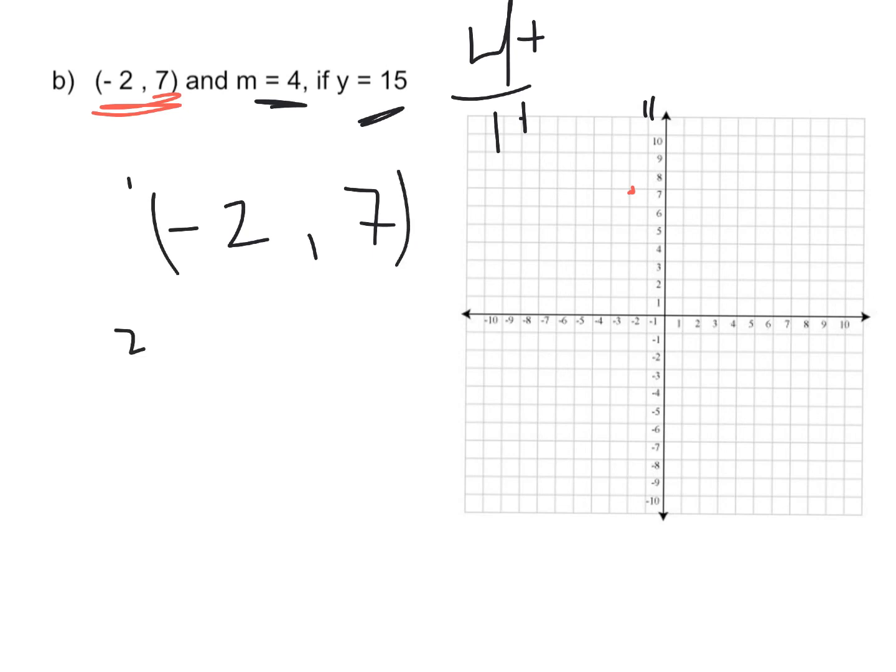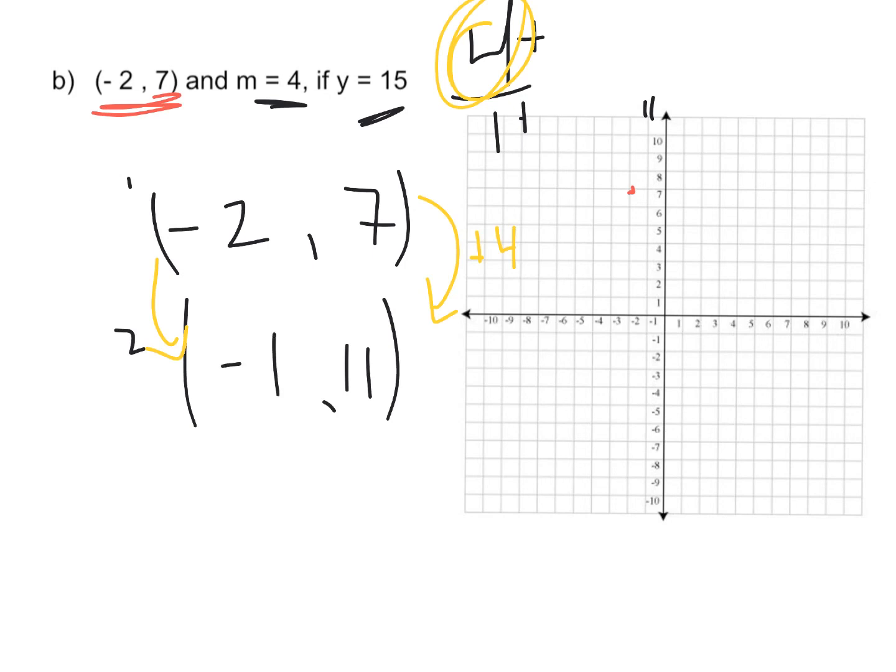My second point, if I add 4 in the y, gets me to 11. I use my rise, which is the y value, and I go up by 4. And then I go up by 1. Negative 2 plus 1 is negative 1. So I'm now at negative 1, 11, which should be right here on my table.